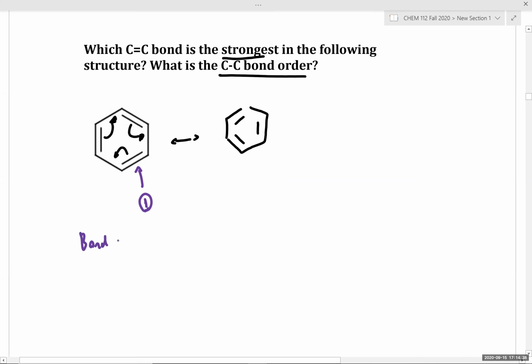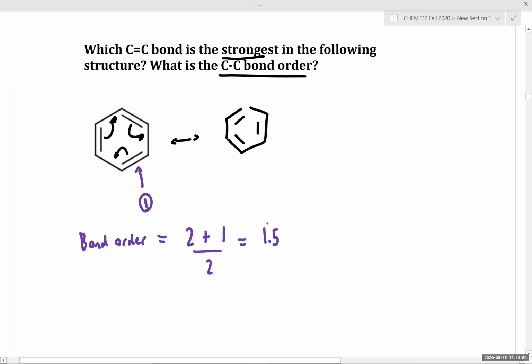So if we're calculating the bond order, all we have to do is add up the bond order observed in each of our major contributing resonance structures. So we have 2 plus 1 over 2, and that gives us a bond order of 1.5.